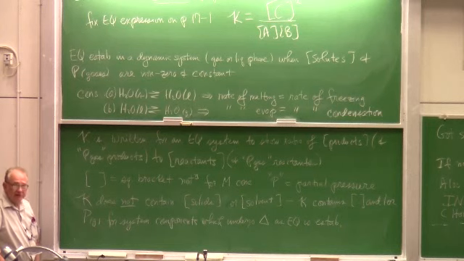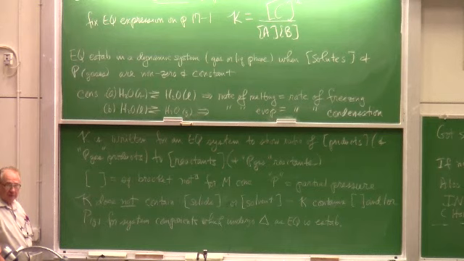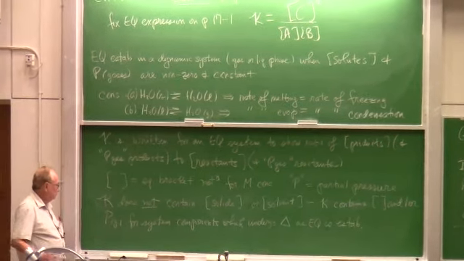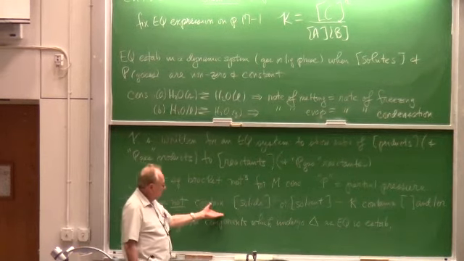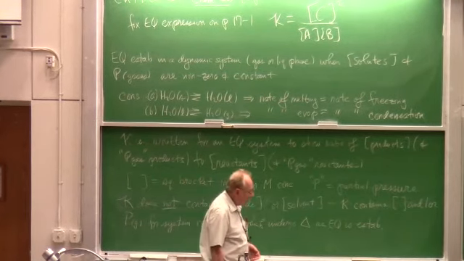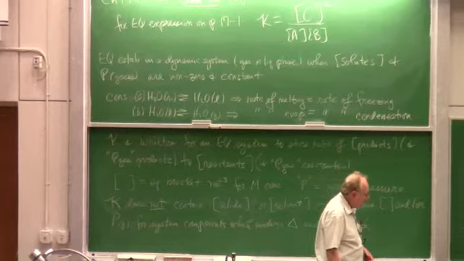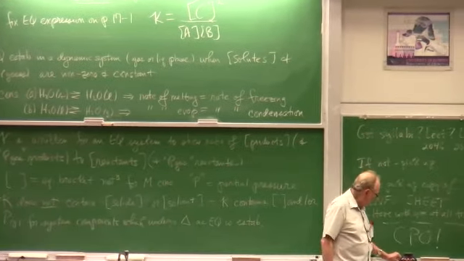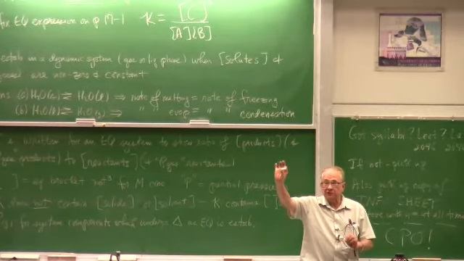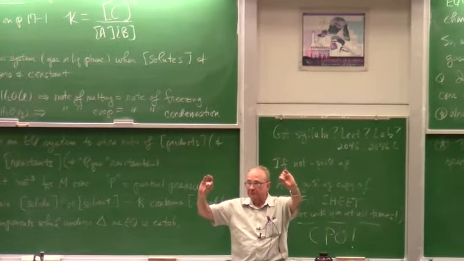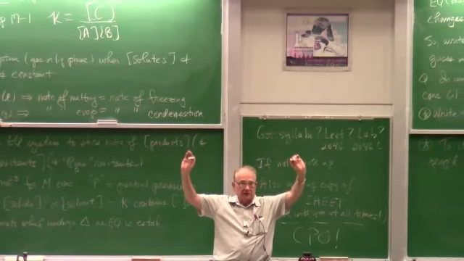What reaction system components are not found in the K expression, even though they're part of the reaction system? Solids, because concentrations of solids are fixed. Doesn't make any difference how much you got. Bigger piece of chalk, littler piece of chalk. Calcium carbonate principally.